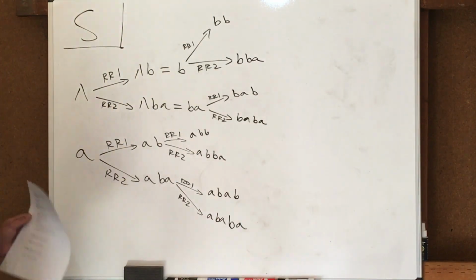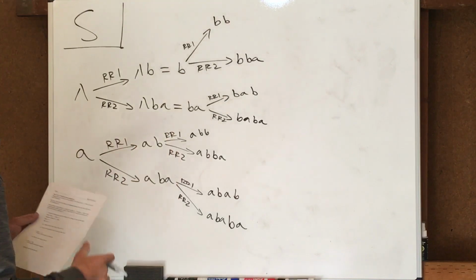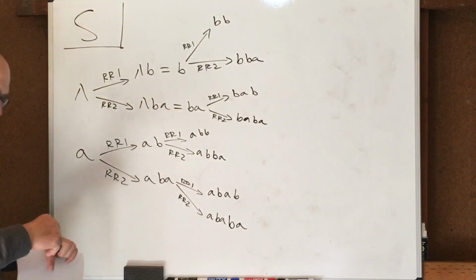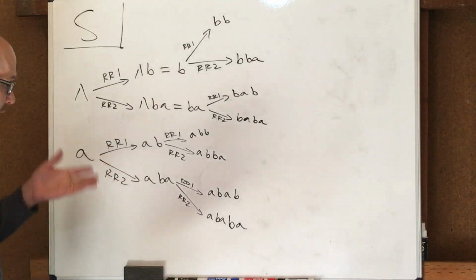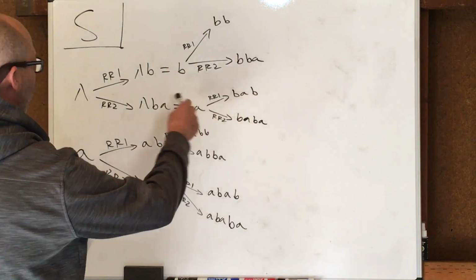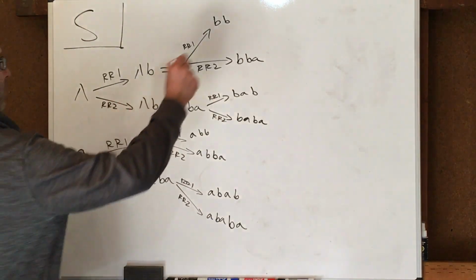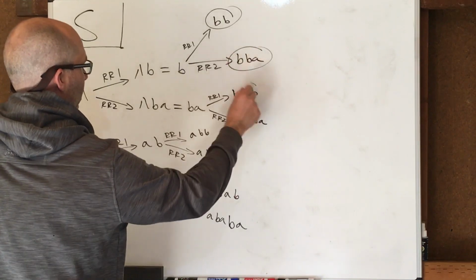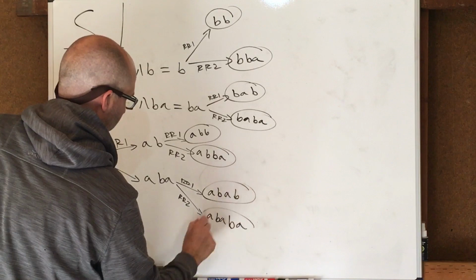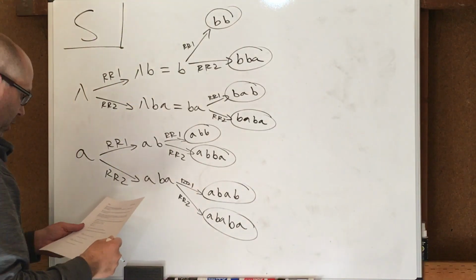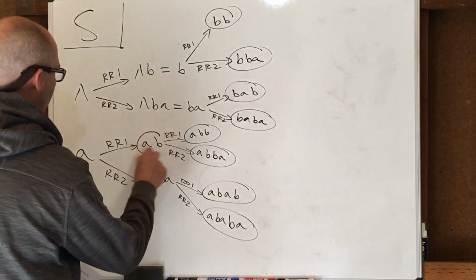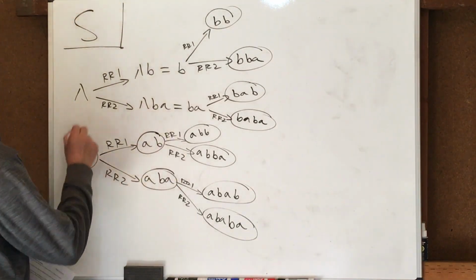And then we just keep doing this forever and ever. One thing you may notice is this is the thing where I was overemphasizing, hey, what do I notice? I notice that none of these strings I've created has 2 or more consecutive A's.